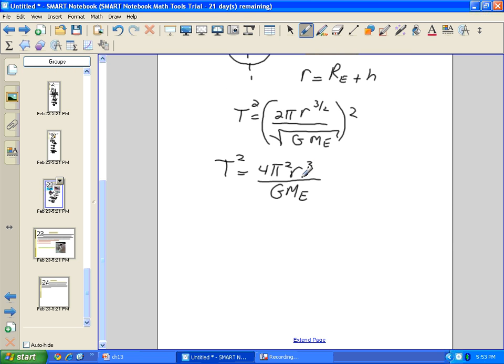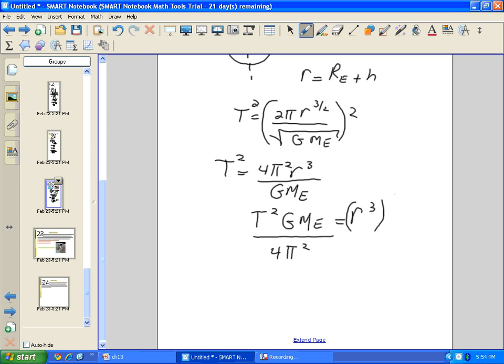We're solving for r, so r cubed will equal T squared times G times mass of the Earth divided by 4 pi squared.